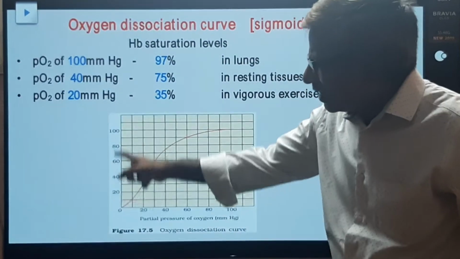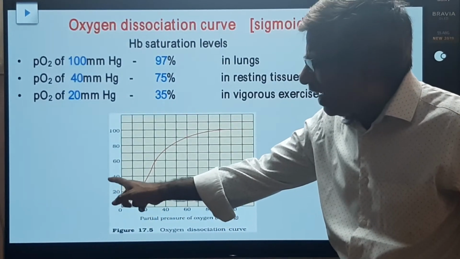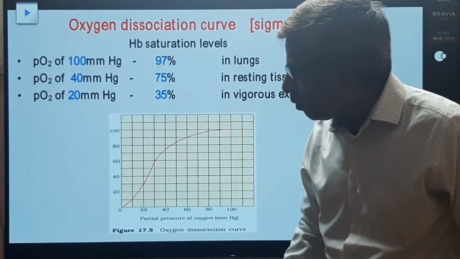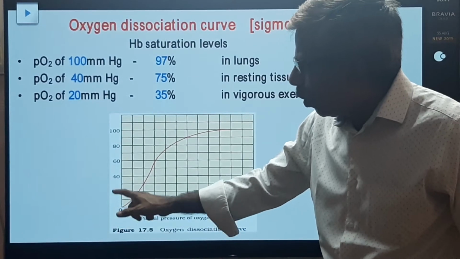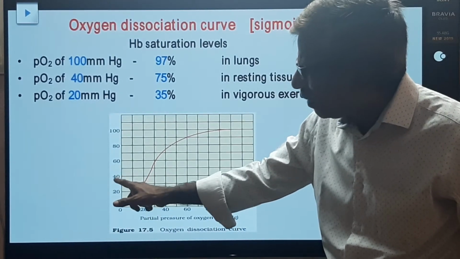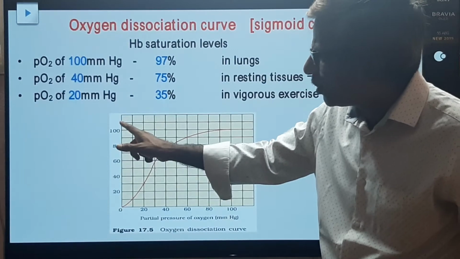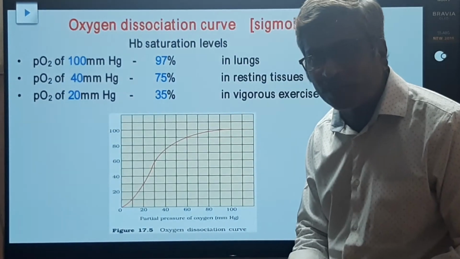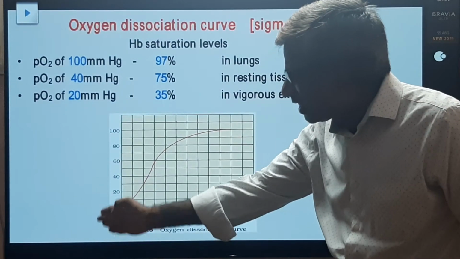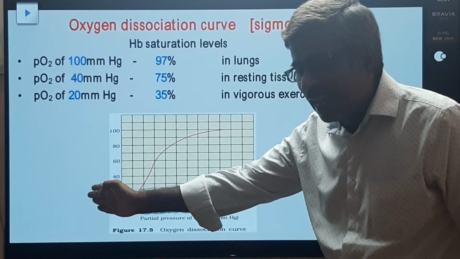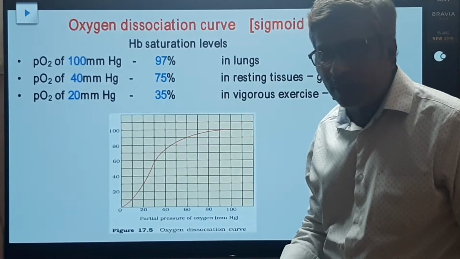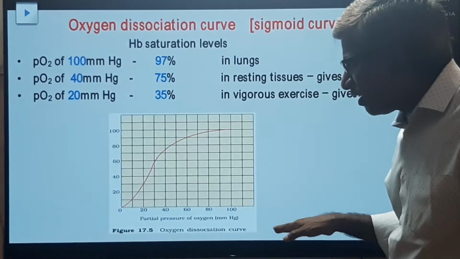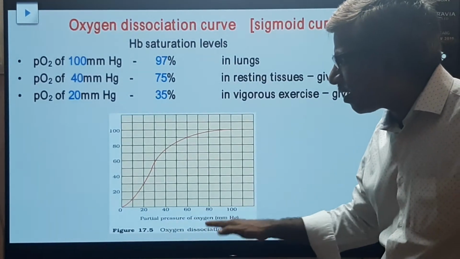This is the y-axis. On the y-axis, we are taking the saturation levels of the hemoglobin: 0, 20% saturation, 40%, 60%, 80%, 100% saturation. Means on the y-axis we have taken the saturation levels of the hemoglobin, means oxyhemoglobin. On the x-axis we have taken partial pressures of the oxygen.